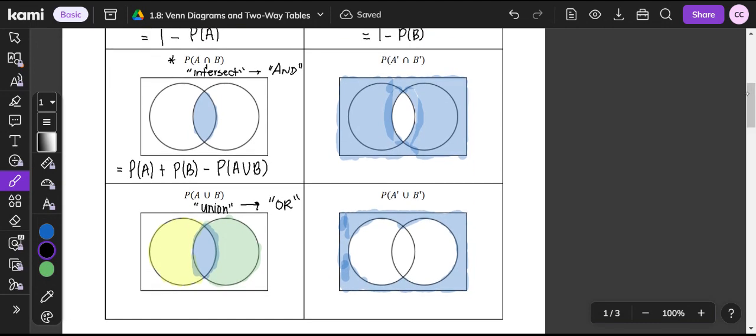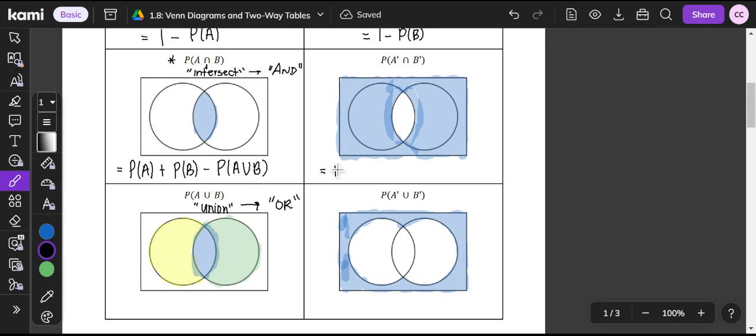Okay, now, very similarly to the ones we just did above, if I want to calculate the probability of not A union not B, I'm going to take this formula that I just used and subtract it from 1.